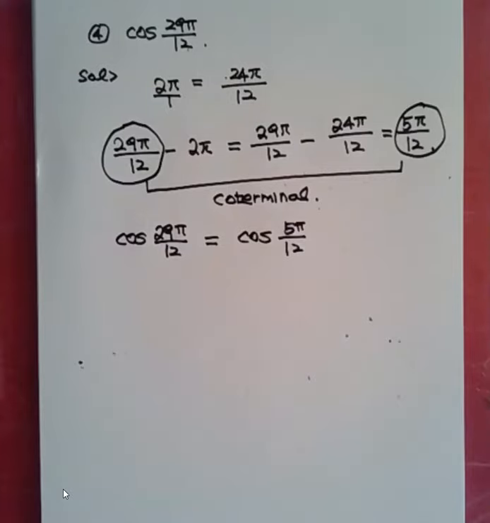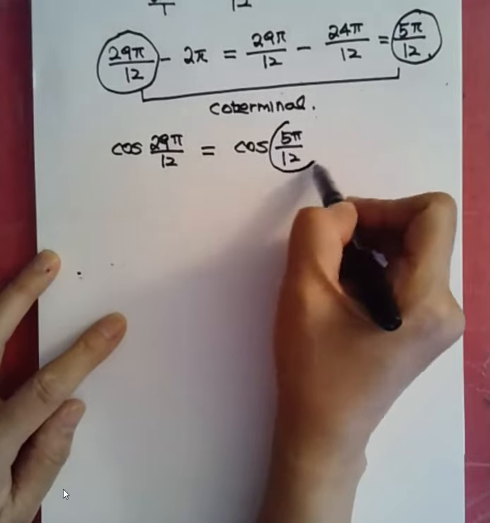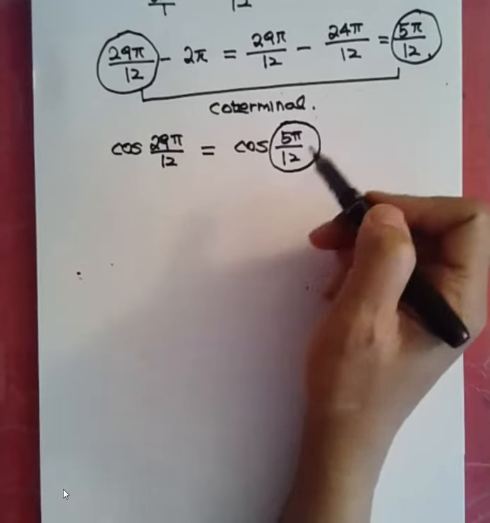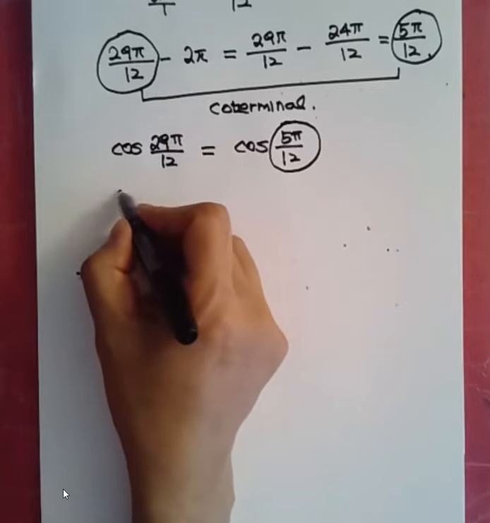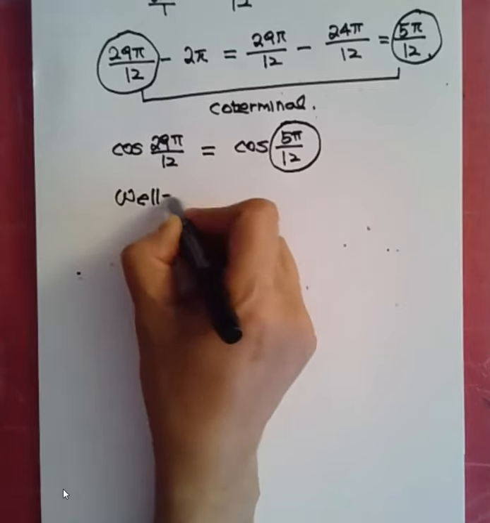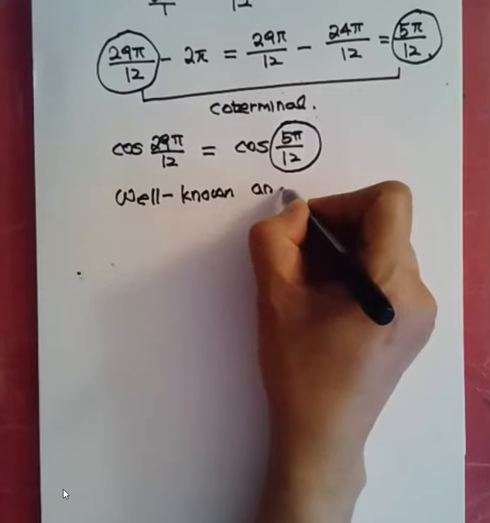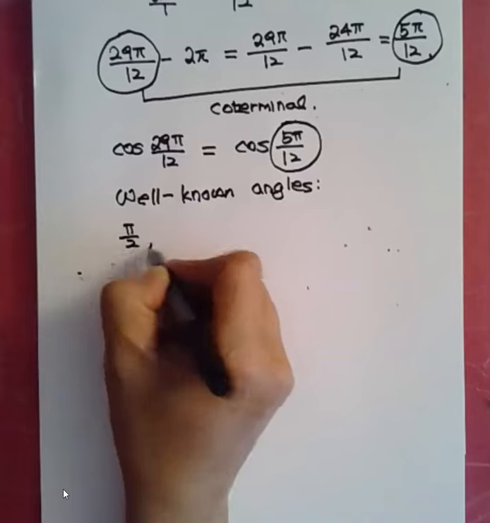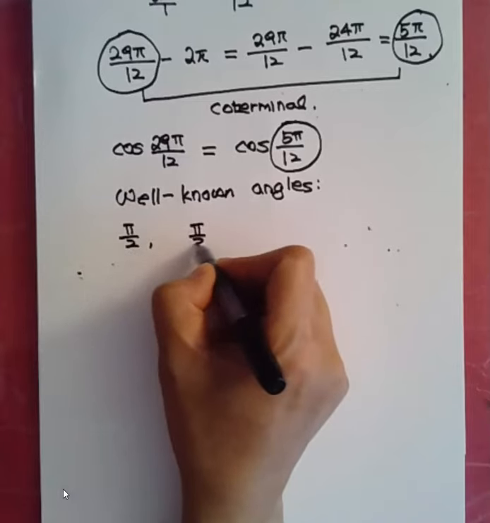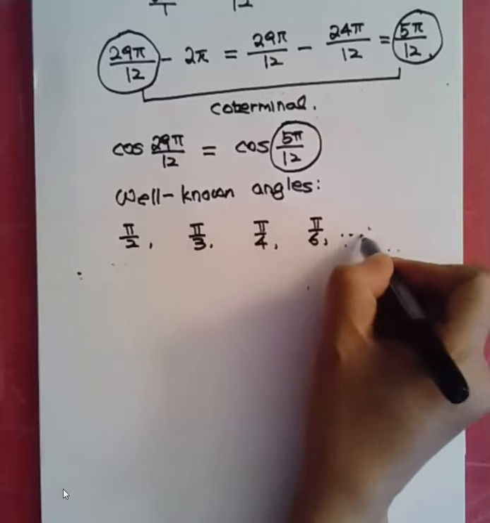What we want to do is think about the well-known angles to get 5 pi over 12 instead of 29 pi over 12, because we know the smaller number. I said the first step is listing the well-known angles, pi over 2, pi over 3, pi over 4, and pi over 6, and so on.